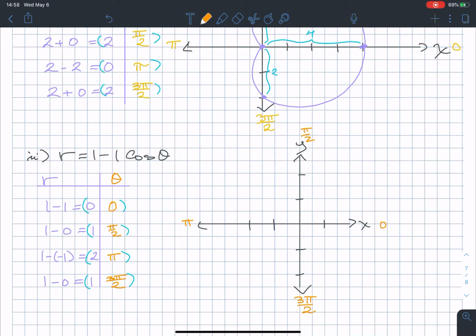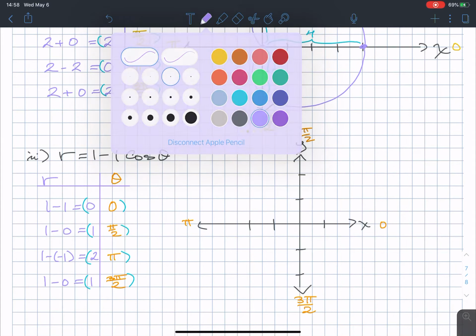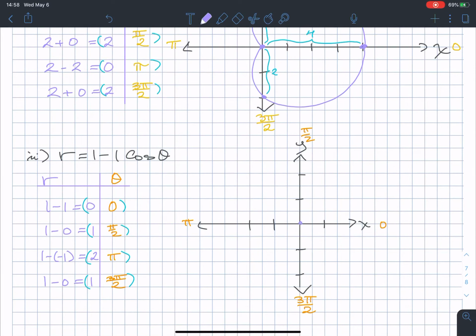I know at an angle of 0 radians, my radius was 0. In the direction of pi over 2 radians, my radius is 1, so that's up. In the direction of pi radians, that's to the left, my radius is 2. And in the direction of 3 pi over 2, that's down, my radius, as measured from the pole, is 1.